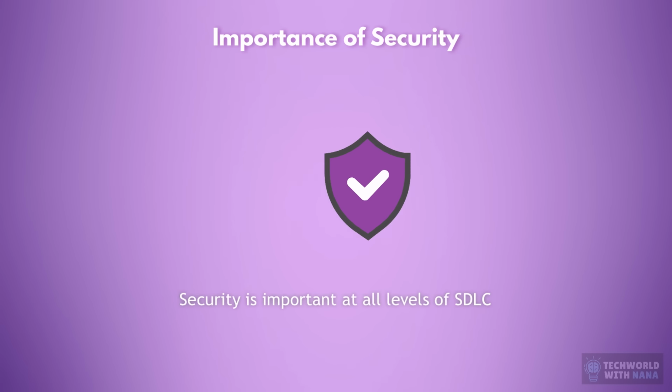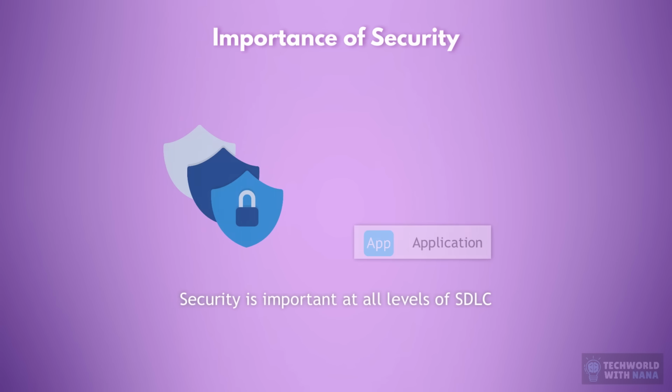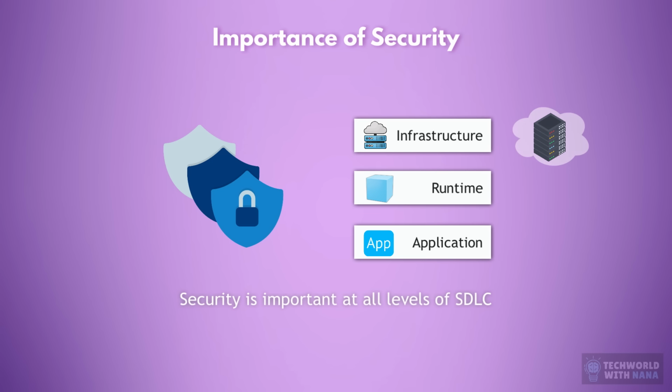Security is important at all levels of the software development lifecycle. In the application itself, the application's runtime environment, and underlying infrastructure, which could be on-premise or a cloud platform.